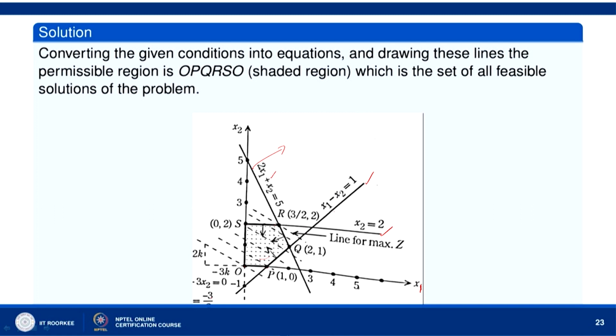Then this point is the intersection of the line x 1 minus x 2 equal to 1 and the line 2 x 1 plus x 2 equal to 5. Their intersection point is (2, 1), that is Q. Then x 2 equal to 2 and 2 x 1 plus x 2 equal to 5 give the intersection point R, (3/2, 2). And then we have this as (0, 2), because x 2 is 2, x 1 is 0.